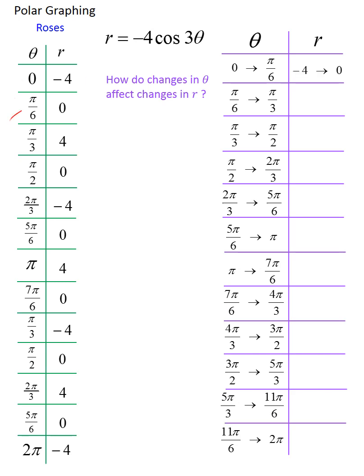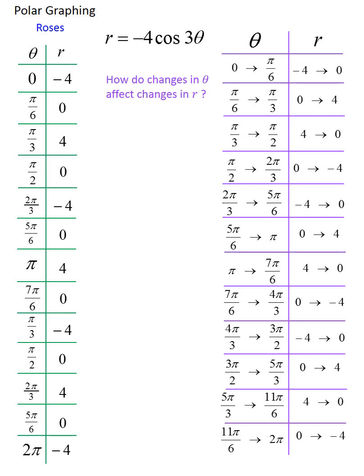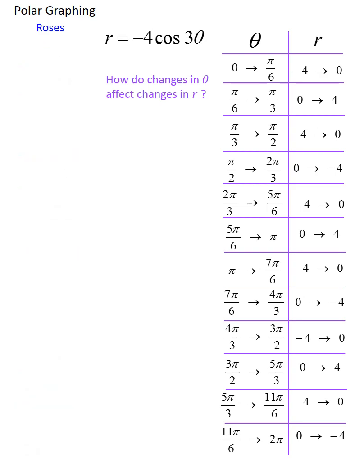I'll represent that here. As theta goes from 30 to 60, r goes from 0 to 4. And as theta goes from 60 to 90, r goes from 4 back down to 0. And you could continue doing the same logic, but you don't need to see all those analyses. This is what we end up with.